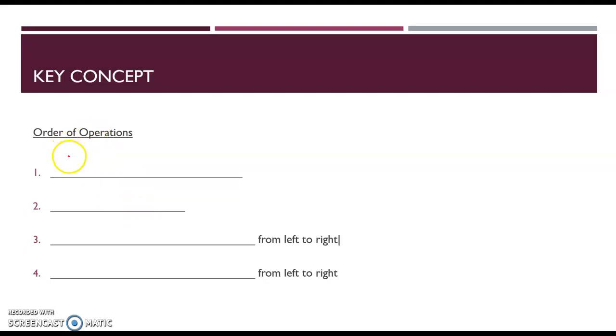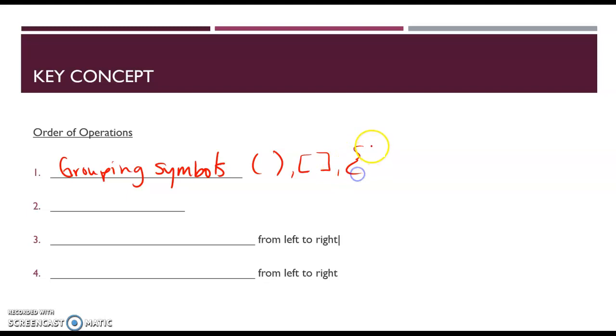So our order of operations starts with our grouping symbols. Now these symbols can be parentheses, which is why people tend to use PEMDAS, because a lot of times they are the parentheses. But they can also be brackets, the little fancy curly brackets.